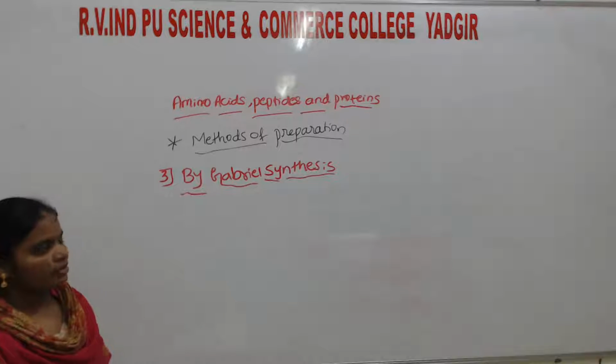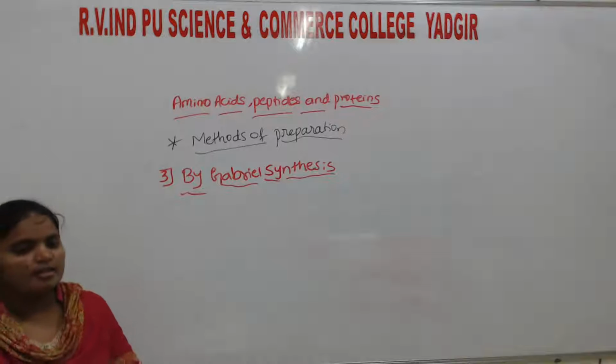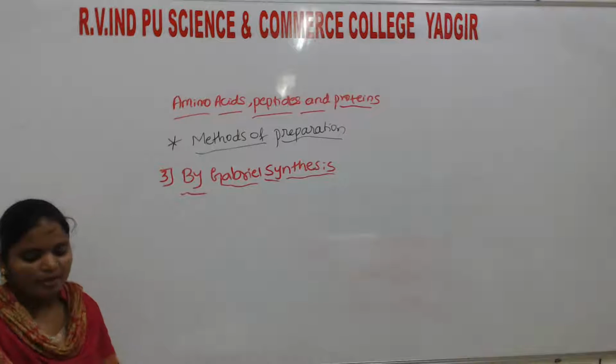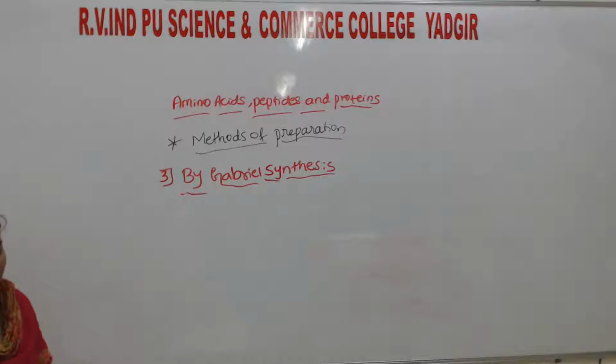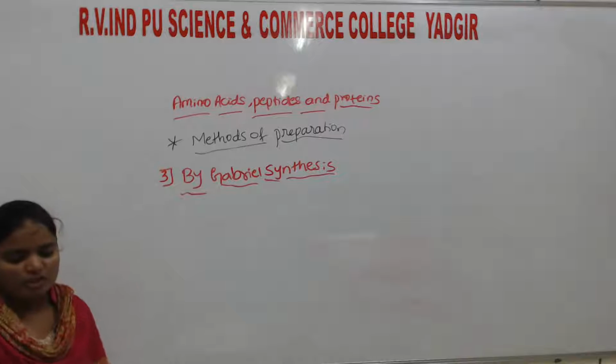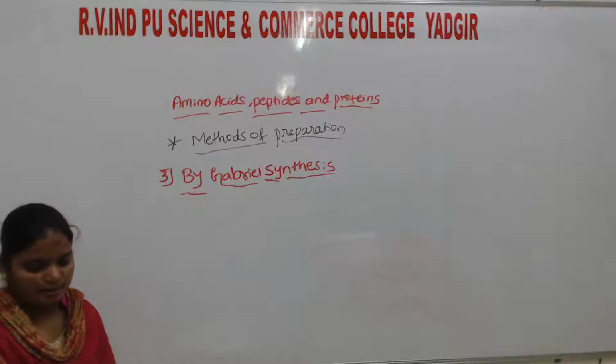Here, an ester of alpha halo acid is treated with potassium phthalimide to form the corresponding substituted phthalimide, which on hydrolysis gives phthalic acid and an amino acid.